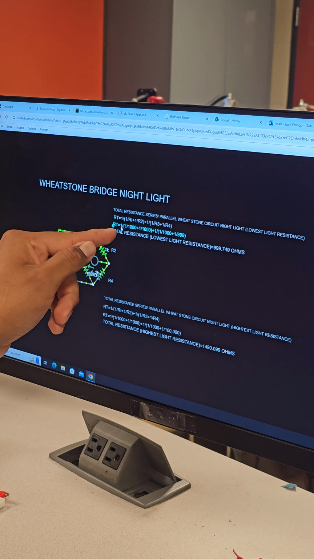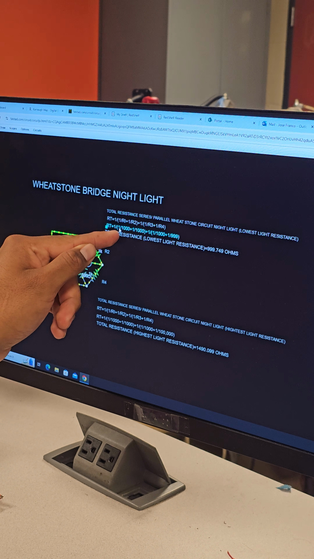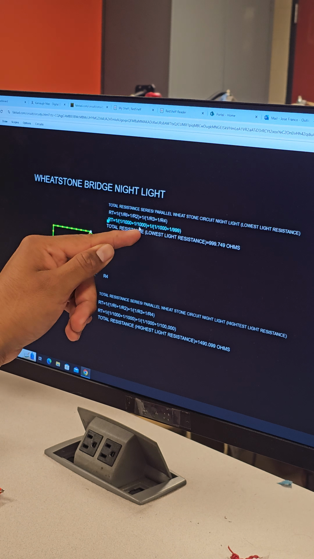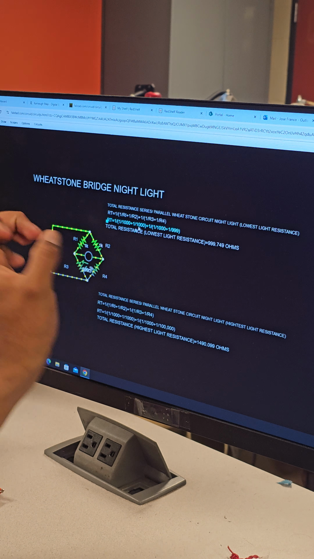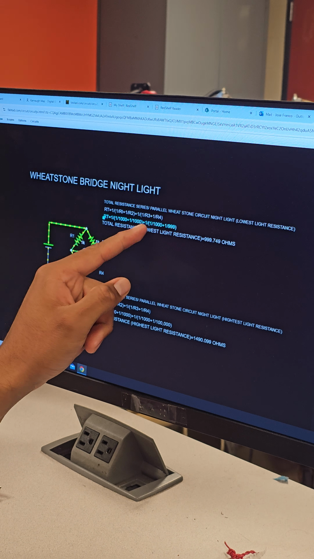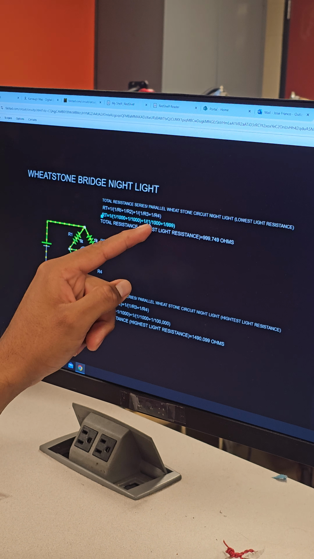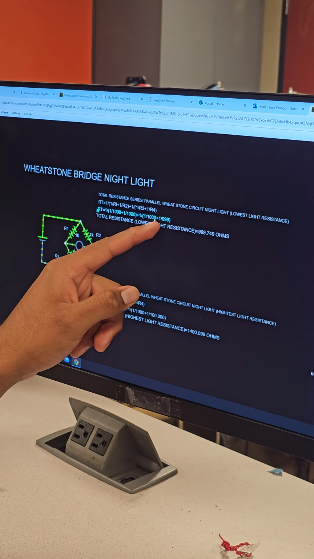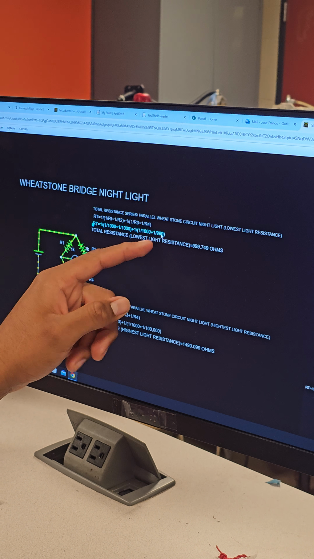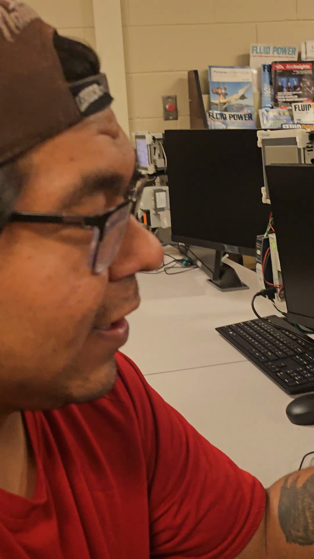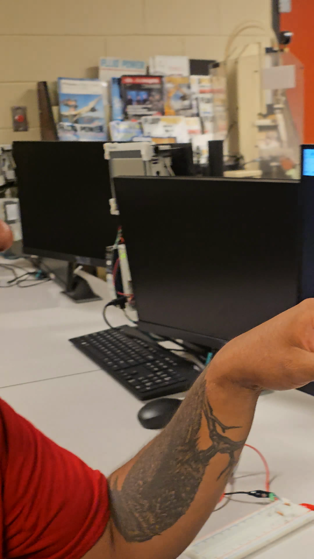Super simple. 1 divided by (1 divided by 1000 plus 1 divided by 1000). That's this side again. Then it's plus 1 divided by (1 divided by 1000 plus 1 divided by 999), which is the lowest setting for the Falstad simulator for the photoresistor.